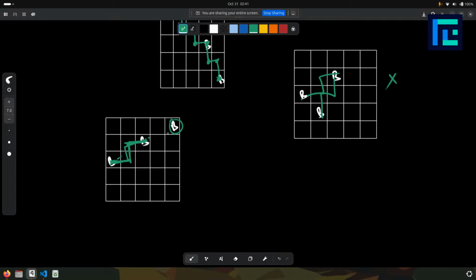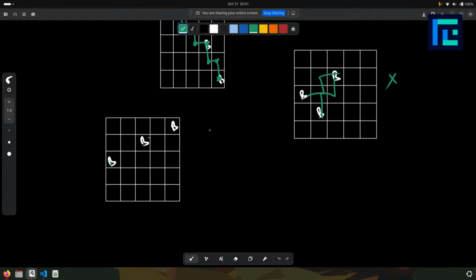Now to connect this black, I need to again go to this diagonal, and this is the only path that I can use to connect these two blacks. So basically, if one of my blacks is on this diagonal, I will have to move here, and if one of my blacks is on this diagonal, I will have to move here, and if there are blacks on both the diagonals, then basically I will be forming a consecutive pair, which is not allowed.